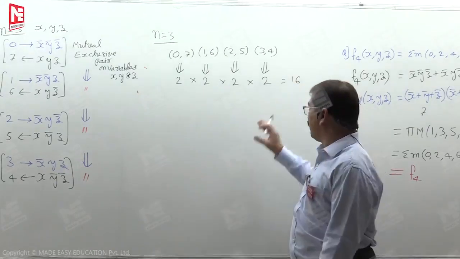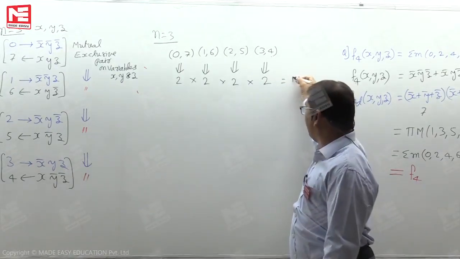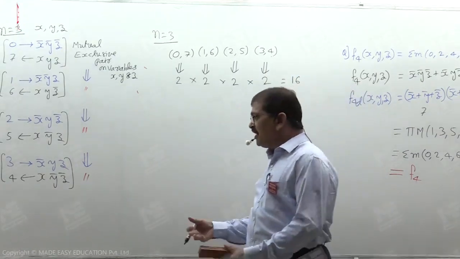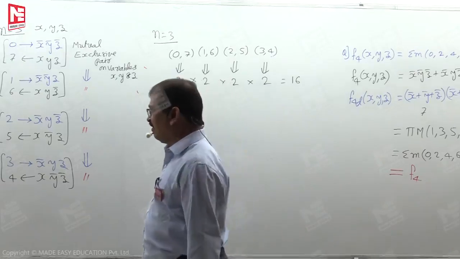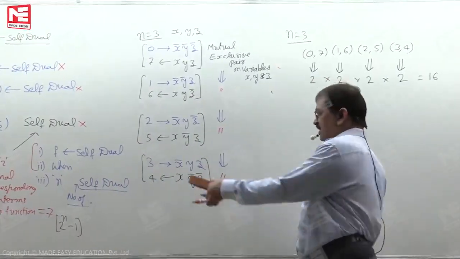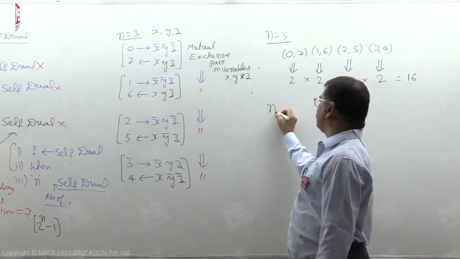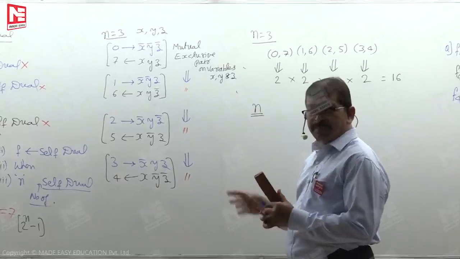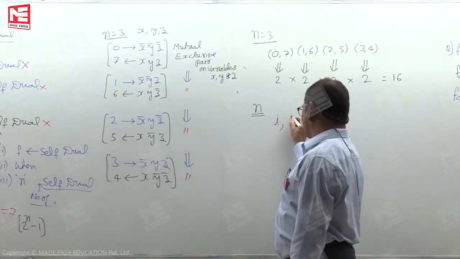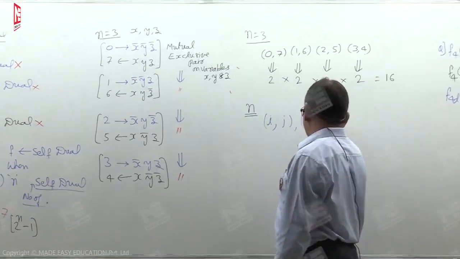In the 3 variable case, the maximum number of self-real functions possible is 16. If you take the question on n Boolean variables, it is the one we are interested in, as mentioned in the beginning of the discussion. So on n Boolean variables, if you do the pairing like this, the pairing will be ij, kl, like this.